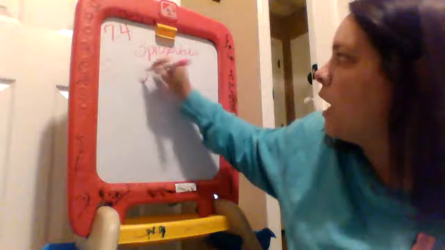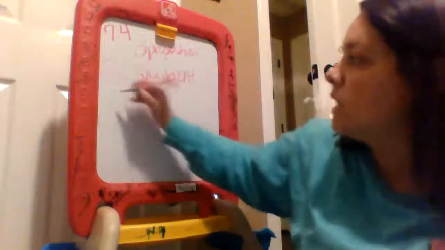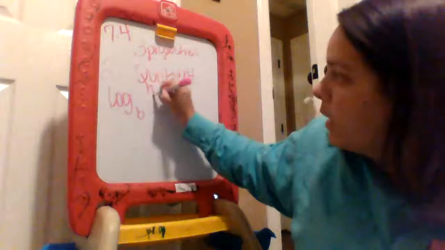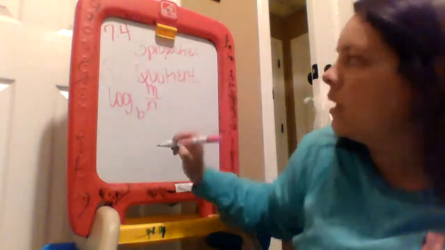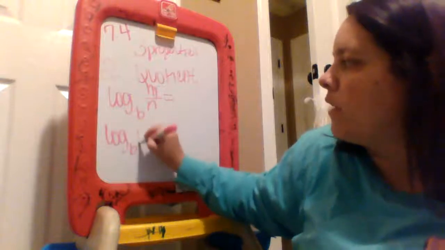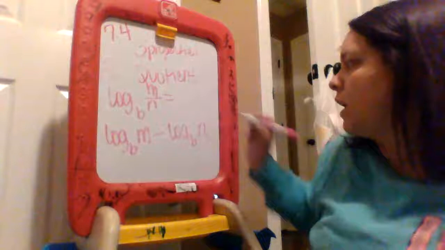The second property is the quotient property. The quotient property is similar to the product property, except that if you have log base b of m divided by n, then you could separate that to be log base b of m minus log base b of n.